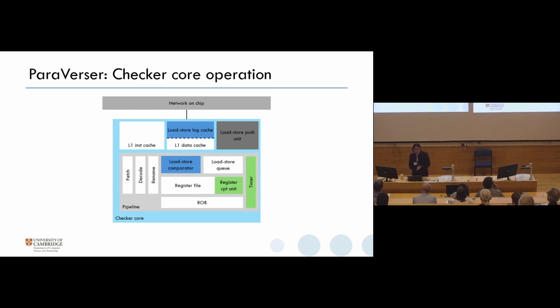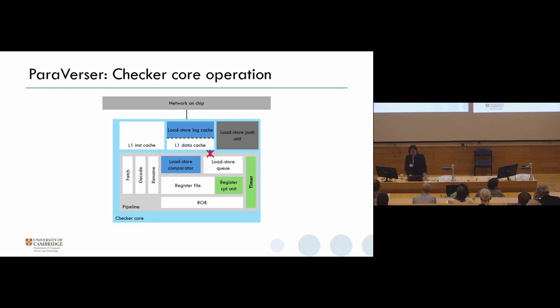On the checker core side, we are not going to use the load store push unit, but we are going to configure the data cache to be the load store log cache, and also use the load store comparator. Here we first restore from the checkpoint so that we can start execution at the same point as the main core, and start counting exactly the same way.